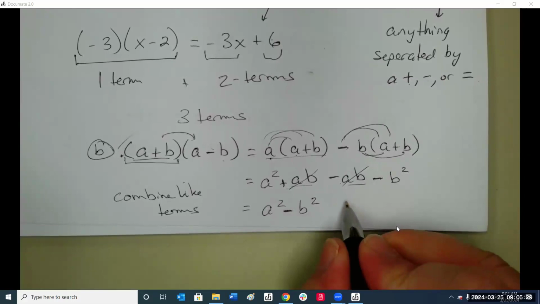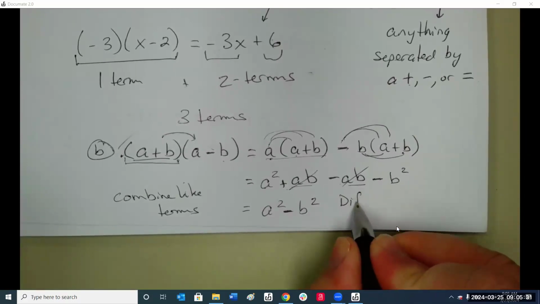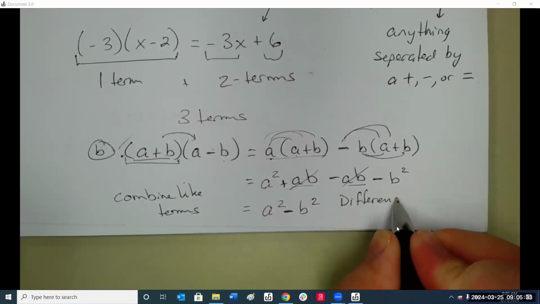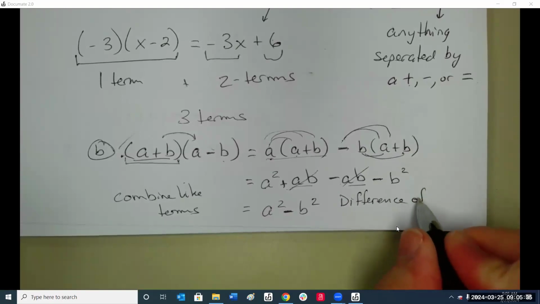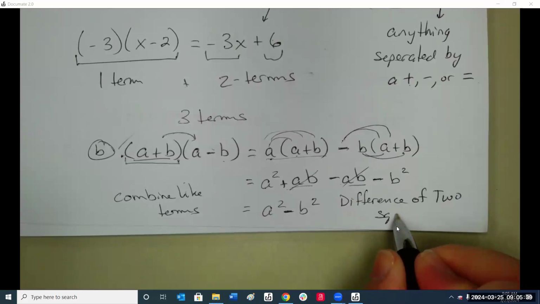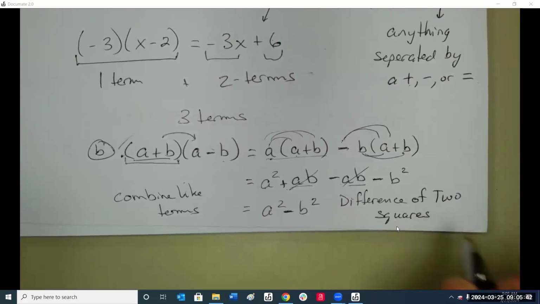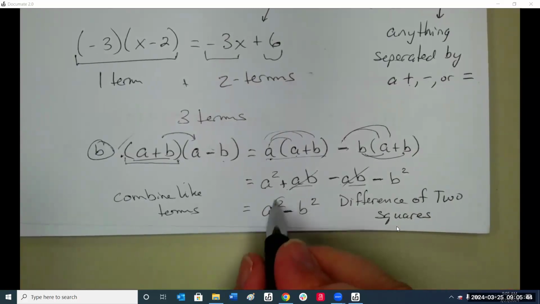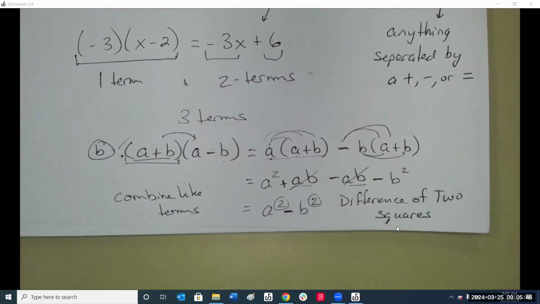The subtraction, the name of it is difference. It's the difference of two squares, because they're both squared terms.